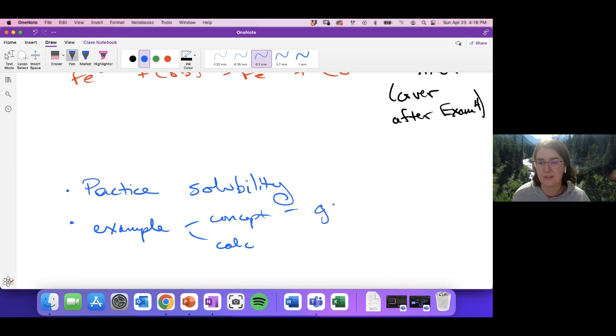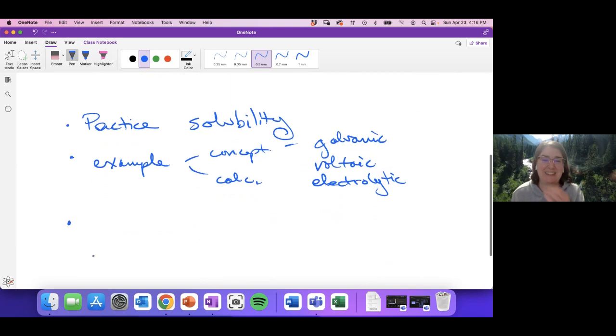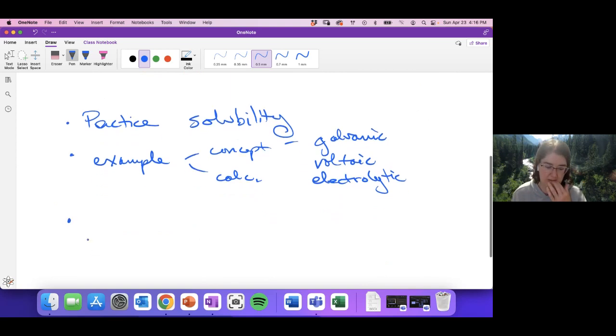Okay. There's a lot of good terms in that one. So I actually want all of those pieces. Next is, can you go over standard reduction potentials?